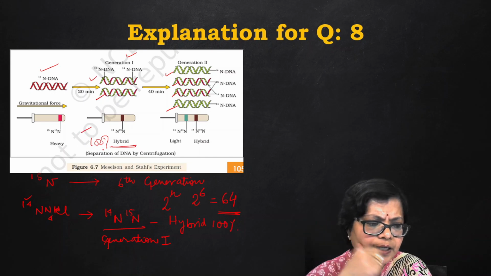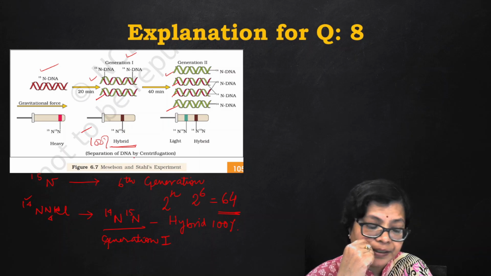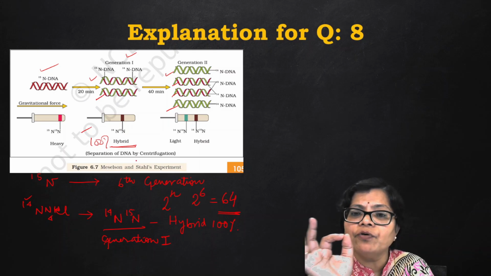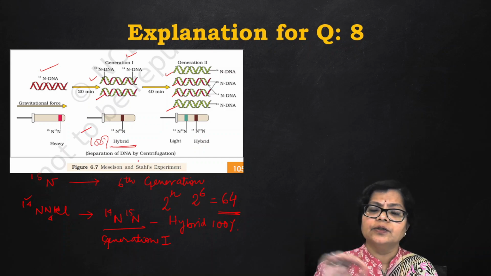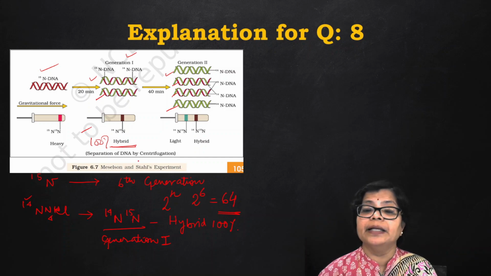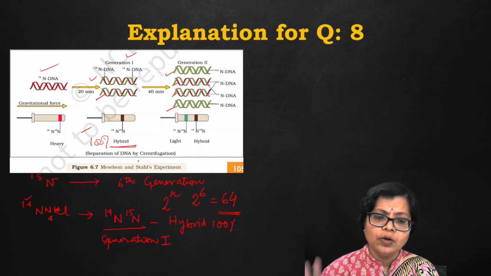This concept is clear. Then after that, N14, the light isotope of nitrogen, is not available, clear. So no more hybrid segments.